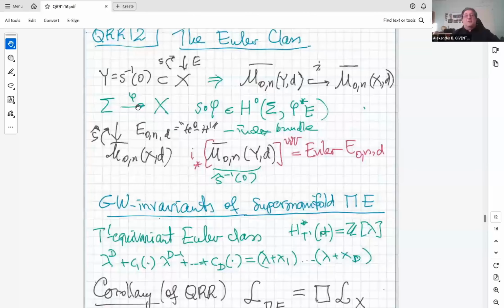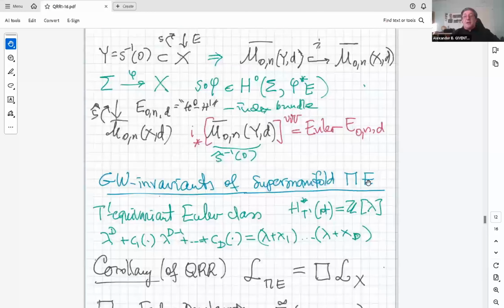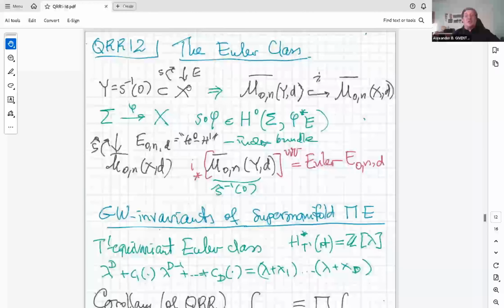But let's distinguish the theory, the Gromov-Witten invariance of y and of this twisted model, twisted by this Euler class. That's why a different name. Pi e, pi is its parity, it's a function of parity change. Namely, I'm thinking of this e, the total space of the bundle, as a superspace. Therefore, X is even space and the fibers are odd.